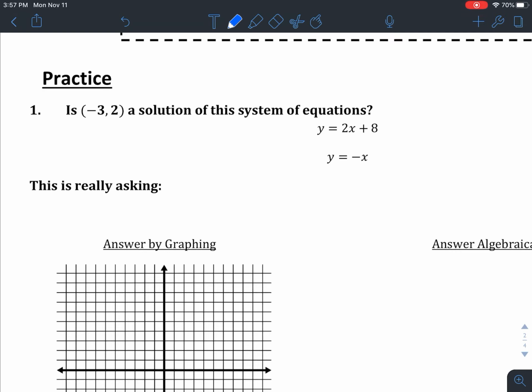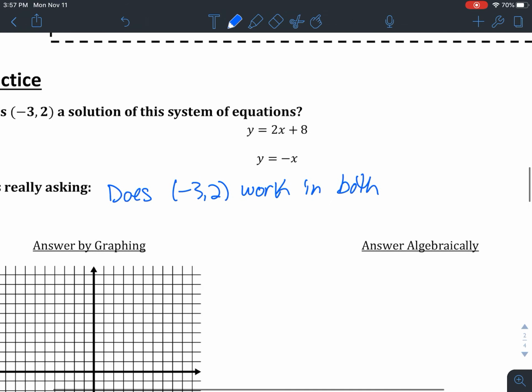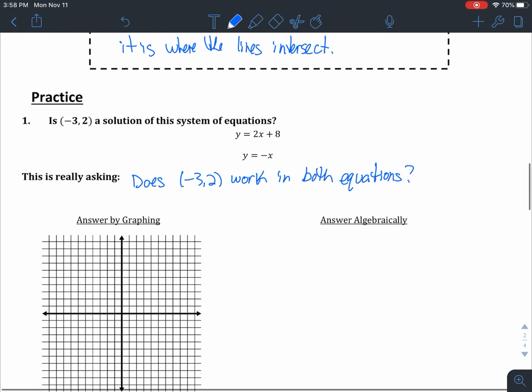This is really asking, does negative 3 comma 2 work in both equations? So that's the question I'm really trying to answer if I'm going to do it algebraically.